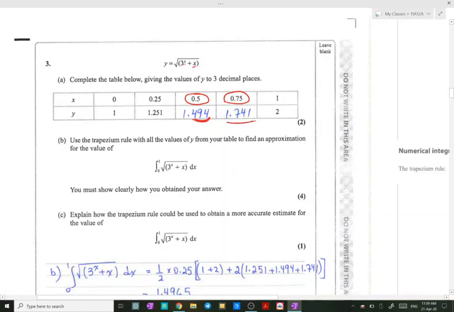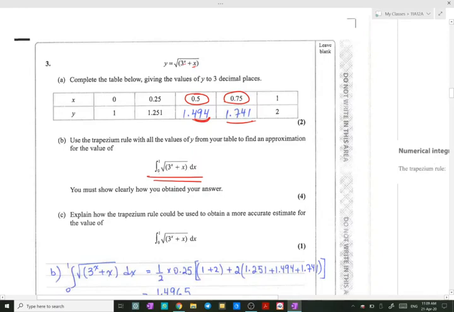In part B, use the trapezium rule with all the values of y from your table to find an approximation for the value of the integration bounded by 0, 1 of this function.